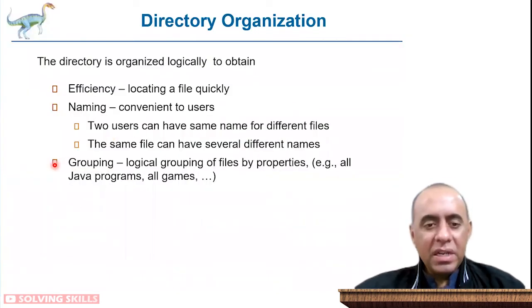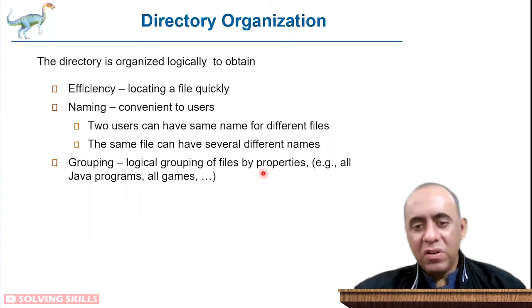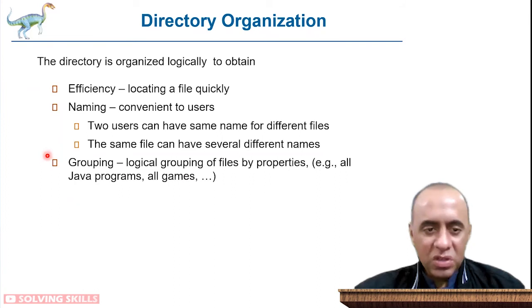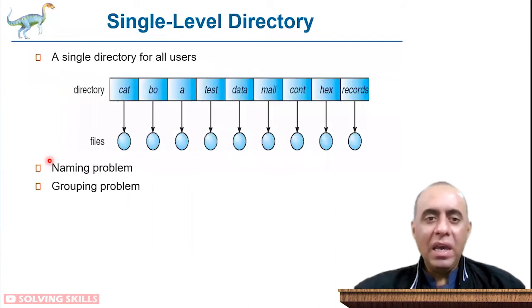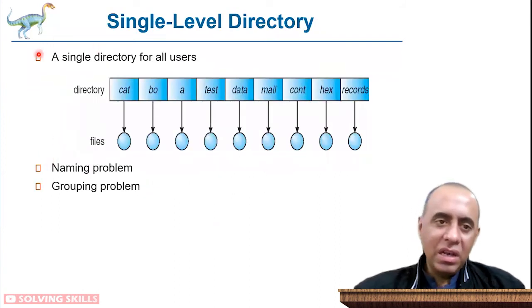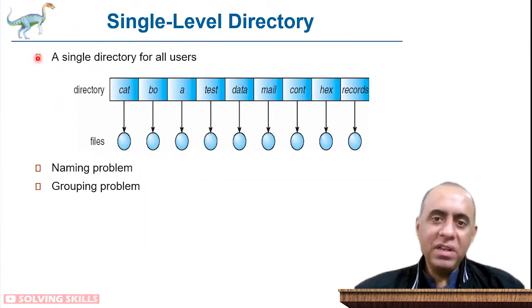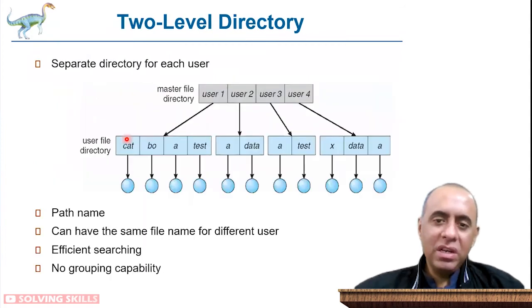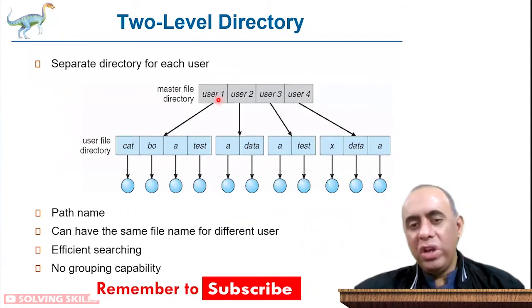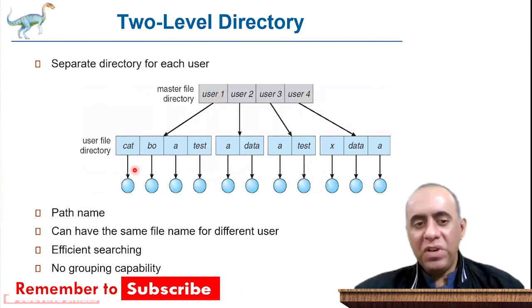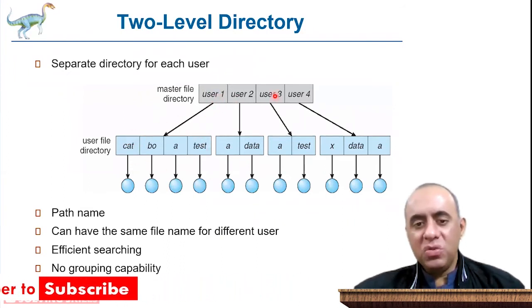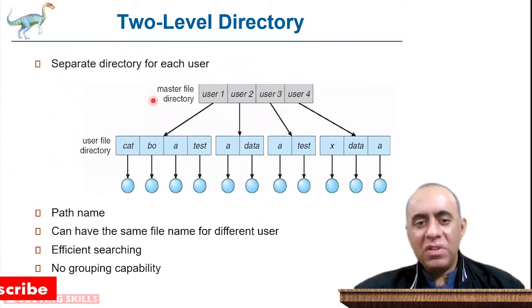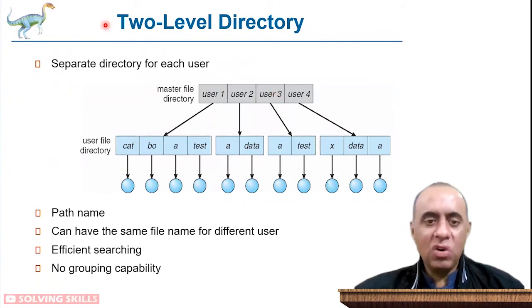And then there is logical grouping of files by properties, for example all Java programs or all games. This is also possible in directory organization. In the previous life of computers, we used to have a single level directory, where one directory contained all the files. Then it became slightly different, and we allocated different directories to different users, which was called a master file directory, and the scheme was called two level directory.